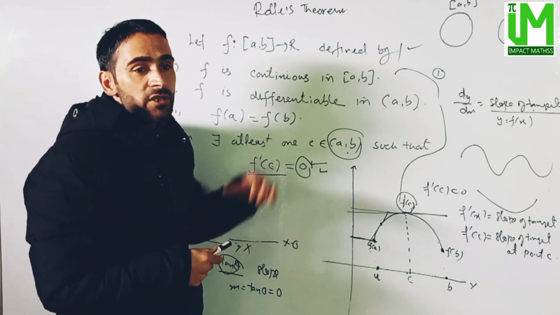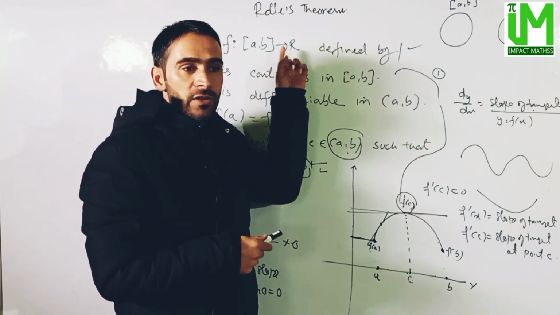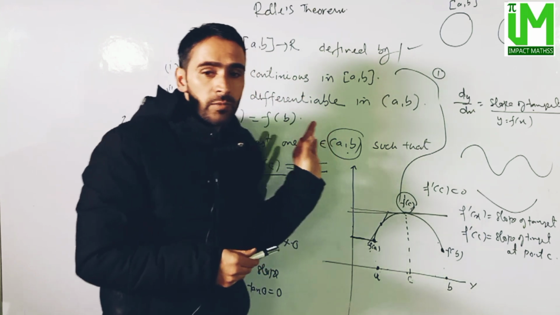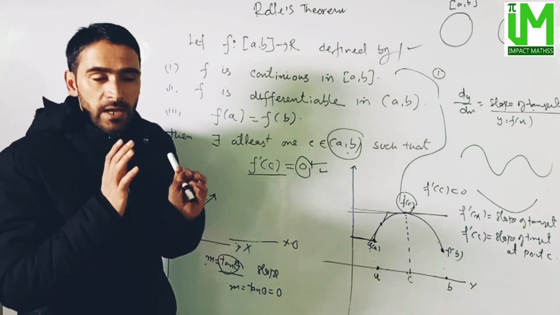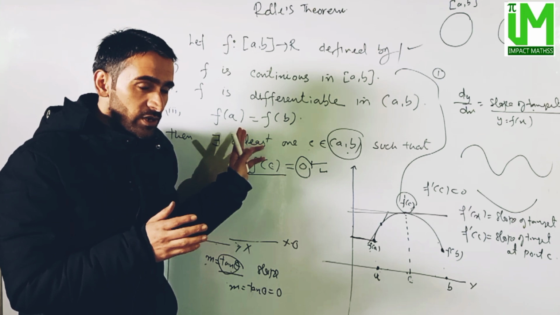Okay, let us revise. Rolle's theorem: we have a function defined over a closed interval a b, with range a set of real numbers, and the function must satisfy three conditions. What are the conditions?